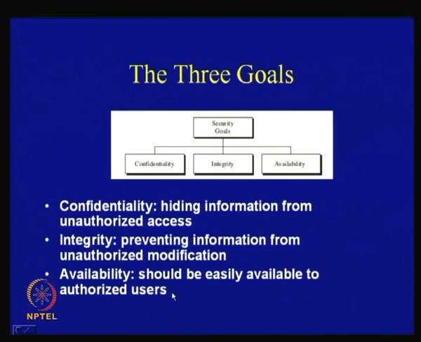For example, you are trying to access a particular piece of information, and imagine that it is so slow that you cannot access it. Then it is not usable. So the objective of cryptography is to provide confidentiality and integrity of data while maintaining the availability of information to an authorized user.